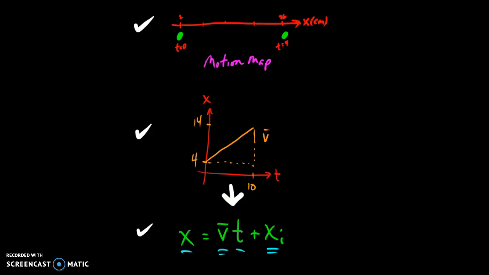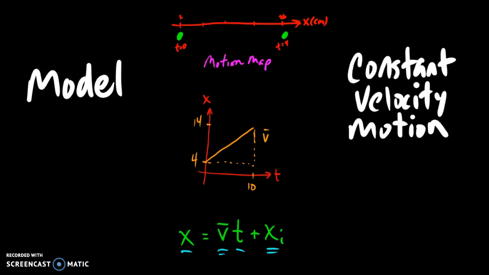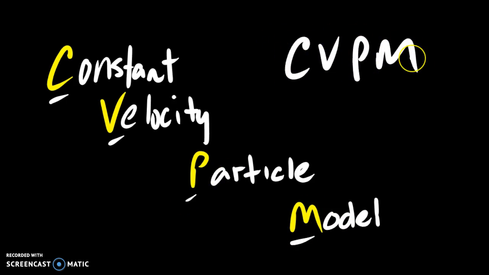These things represent the motion, and we use them to problem solve. Together, these patterns that we see here are our model for constant velocity motion. And as a whole, we refer to these as the constant velocity particle model, or CVPM for short sometimes.